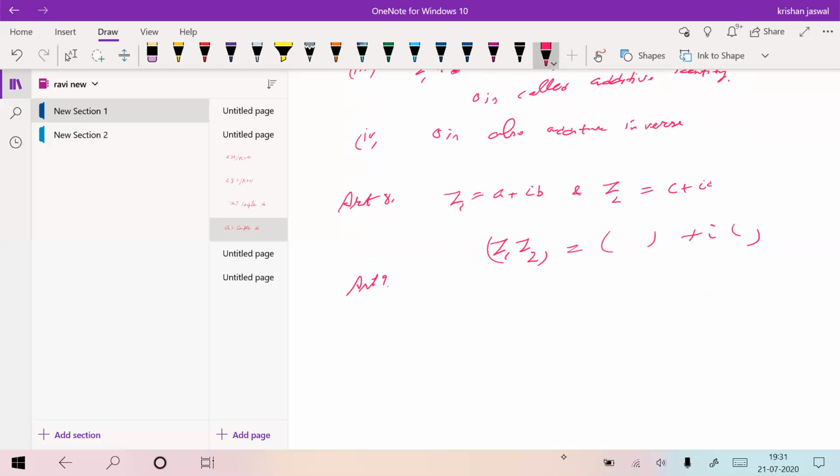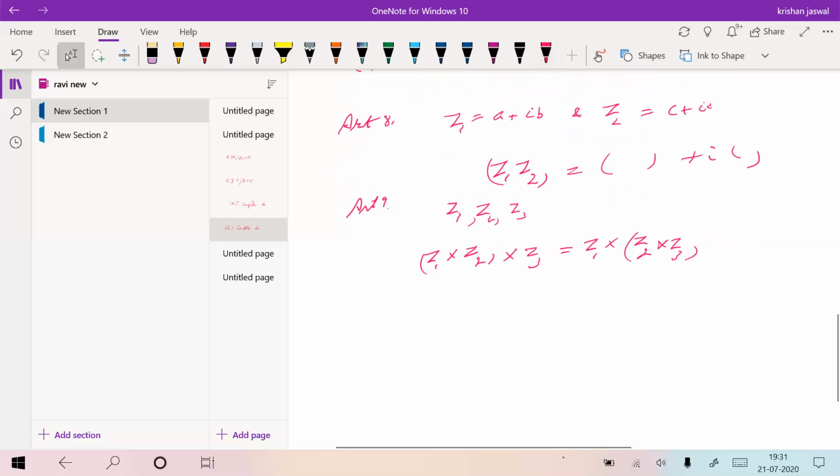If we have three complex numbers Z1, Z2, Z3, then what do we mean by the associative property? Z1 multiplied by Z2 and then multiplied by Z3 is equal to Z1 multiplied by Z2 multiplied by Z3. This is called the associative property.